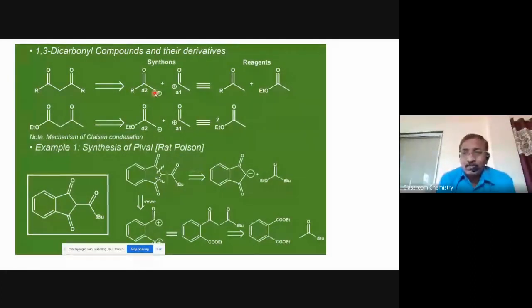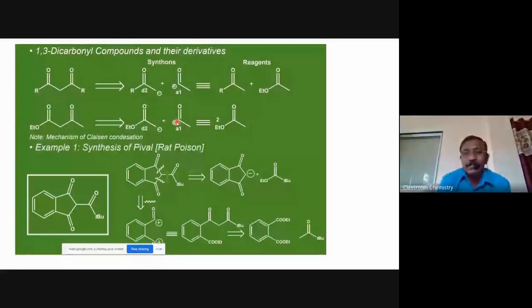As acceptor 1, a good leaving group is required, so we can use acetyl chloride or ester, and here we can get acetone. If we take the example of ethyl acetate, when we break this bond, we get ethyl acetate, and here we get positive charge, so again it is an ethyl acetate.